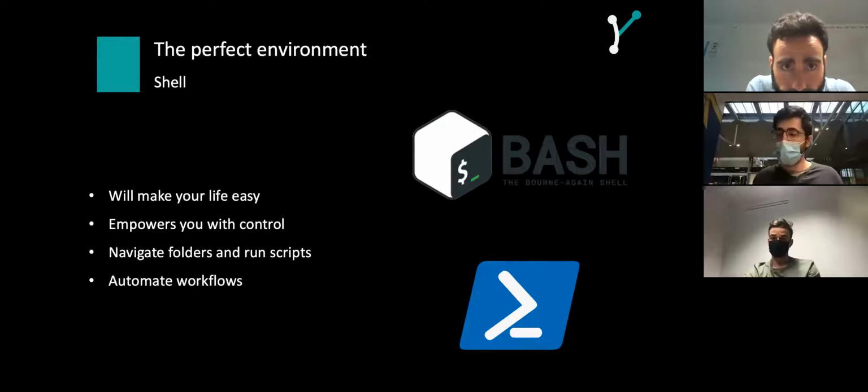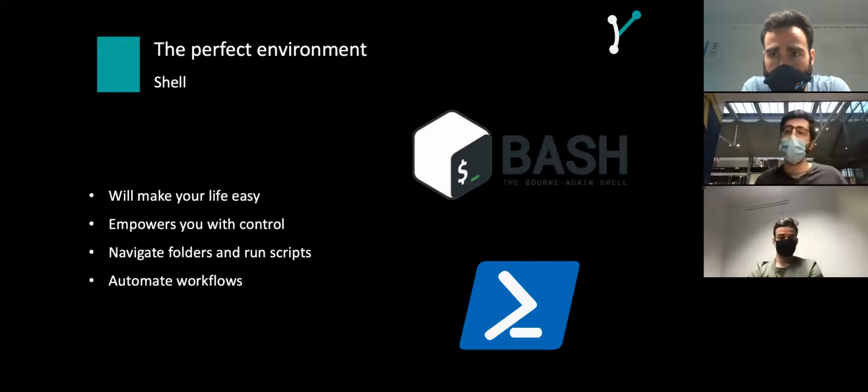You can choose whichever you prefer. The advantage of being comfortable with one is that it allows you to navigate your folders, to run scripts, and more importantly, to automate your workflows. If you want to run your scripts automatically and have your computer do stuff for you, this is what you would need.